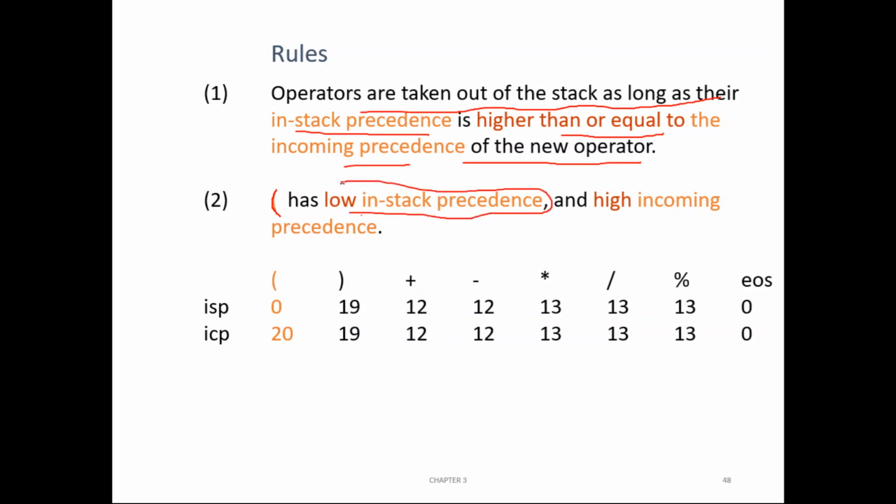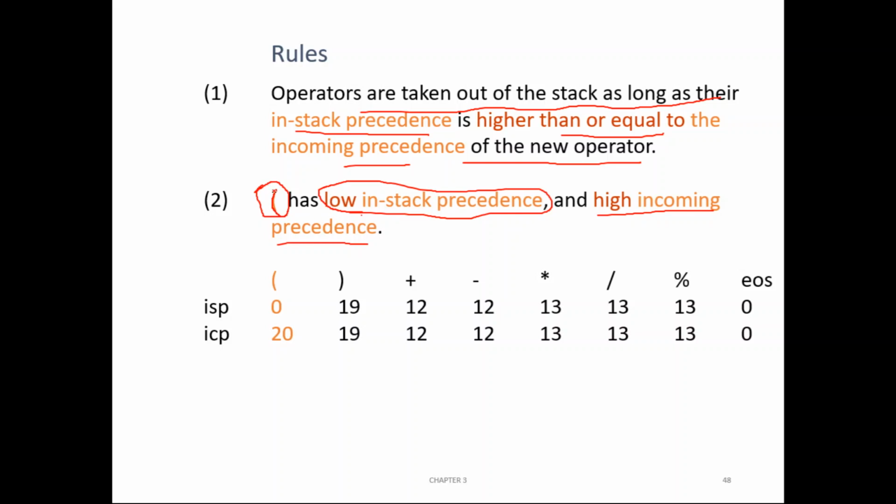When it is in the stack, this open bracket will have a low precedence level. And it will have a high precedence level if it is an incoming token. Are you getting? So this way the algorithm should adapt.